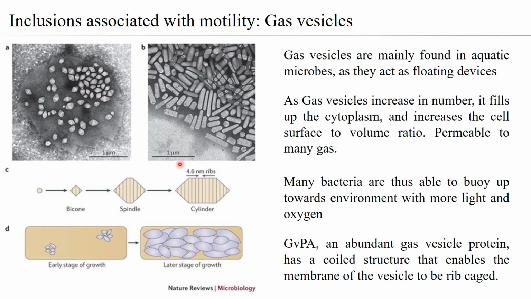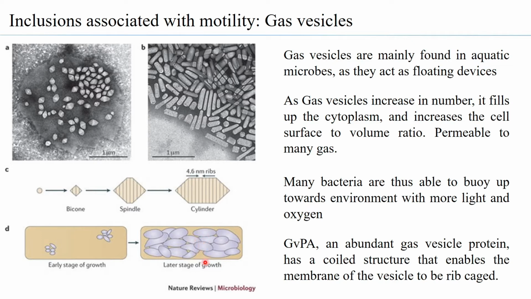So the question now arises: why are gas vesicles needed by the bacteria? What has been observed is that gas vesicles are majorly present in aquatic microbes, that is, bacteria that are present in water, and the presence of the gas vesicles inside the cell enables the cell to float, or rather it becomes buoyant.